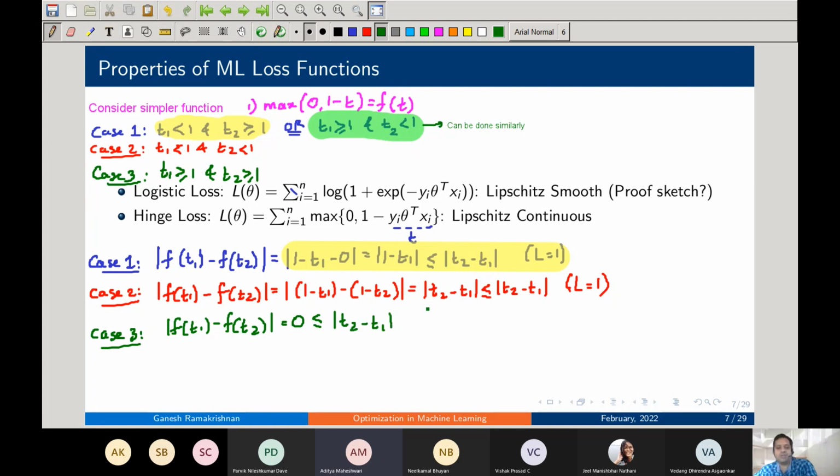I mean L can be 1, you can take L less than 1 is also fine, less than or equal to 1. Okay, we are done with this, and then you can do a composition. Subsequently you can just consider the composition of f with the linear function, like in the previous slide.